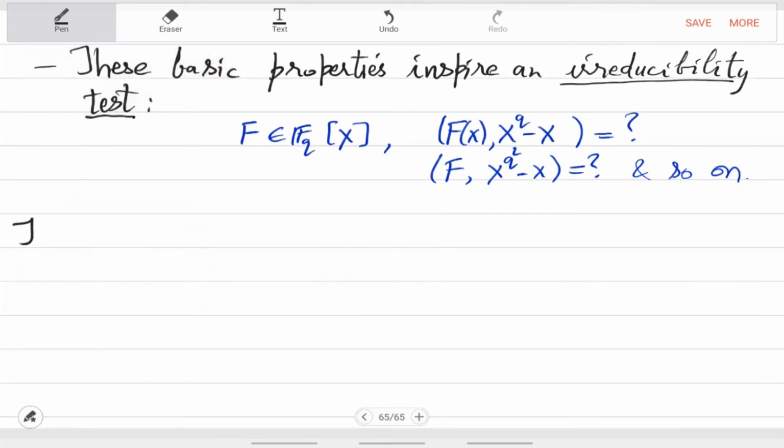Now, why should such a thing work is this theorem.